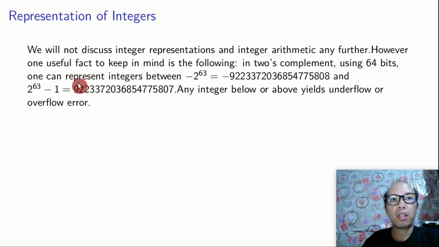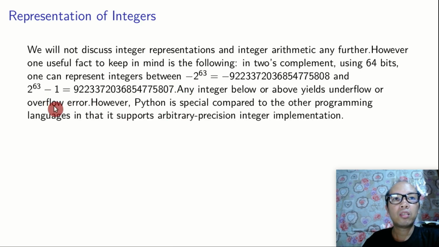And if it is above this positive integer, then you will have the overflow. So if it is below, under; if it is above, over. So if it is greater than this number, example this is 8, then we have the overflow. Let's have more discussion about overflow and underflow in a little while.